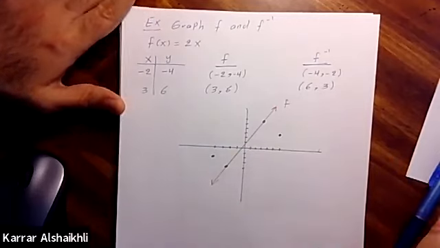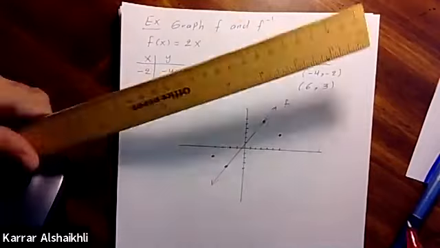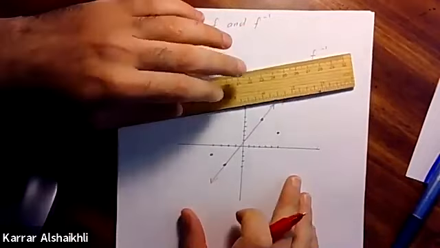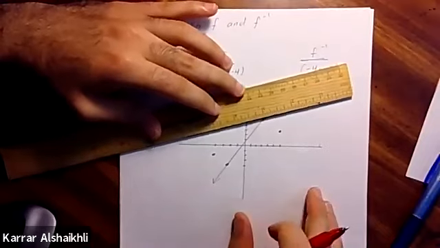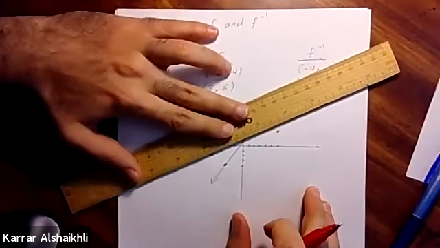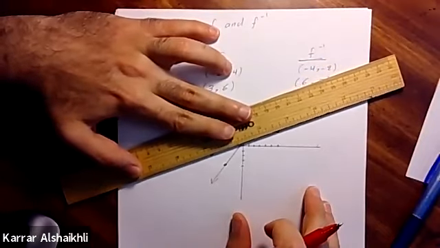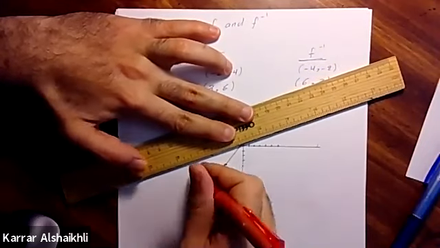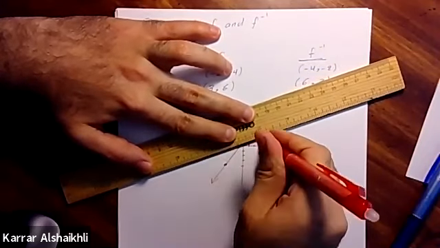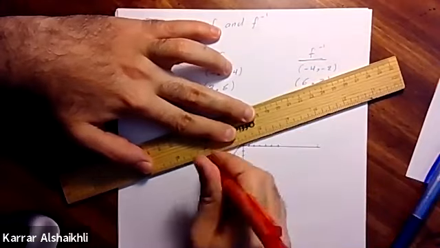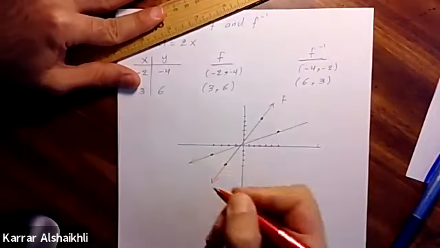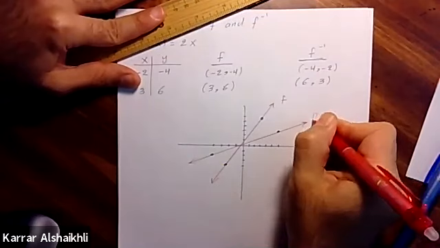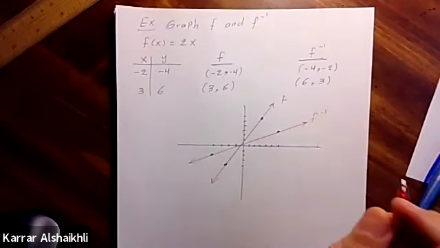These are the 2 points for the inverse. Let's graph a line between these 2 points to get the graph of the inverse of f. You see, here is the inverse of f.